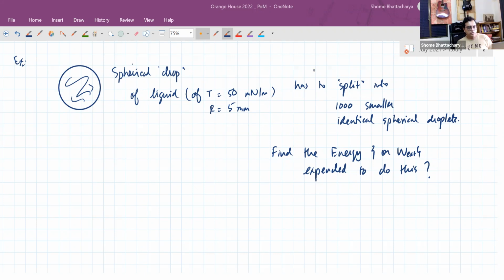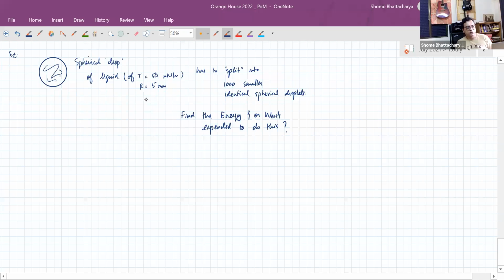Okay, so people, the first thing you have to understand here is that when you split the droplet into 1,000 smaller droplets, what is the radius of each of those that you get? Okay, so conservation of volume. So let's say each of these smaller identical droplets has radius r. So 4 by 3 pi r cube has to be equal to 1,000 times this one's volume.